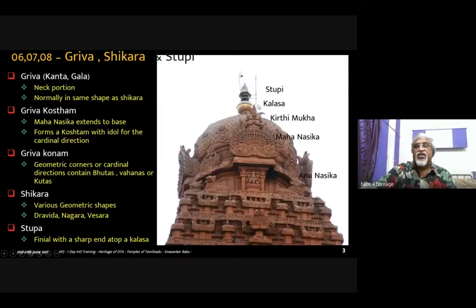In some cases, in Northern temples, there will be a weapon also, the Sula or Sudarshan Chakra, displayed along with a flag, like how it is done in Puri or other temples. Slowly, some of the temples have started putting a flag also. So this covers the top portion of any Vimana, containing the Griva, Shikara, and Stupa.